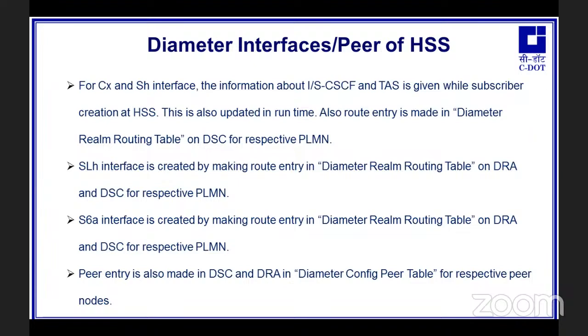For example, for the SLh interface, I need the application ID. We are basically routing depending on the application ID for different messages. The application ID will be different for Cx, Sh, SLg and SLh interfaces. On that basis, we route the particular request to the concerned nodes.